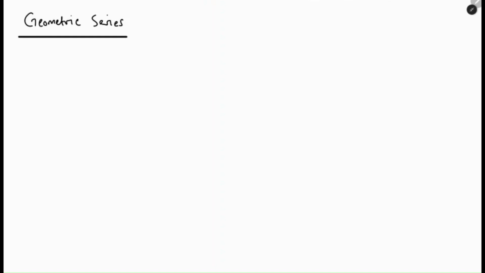Okay, so a couple of things we have to recall first, or really just one thing, and that is, what is a sequence? We recall that a sequence is simply an ordered list of numbers.